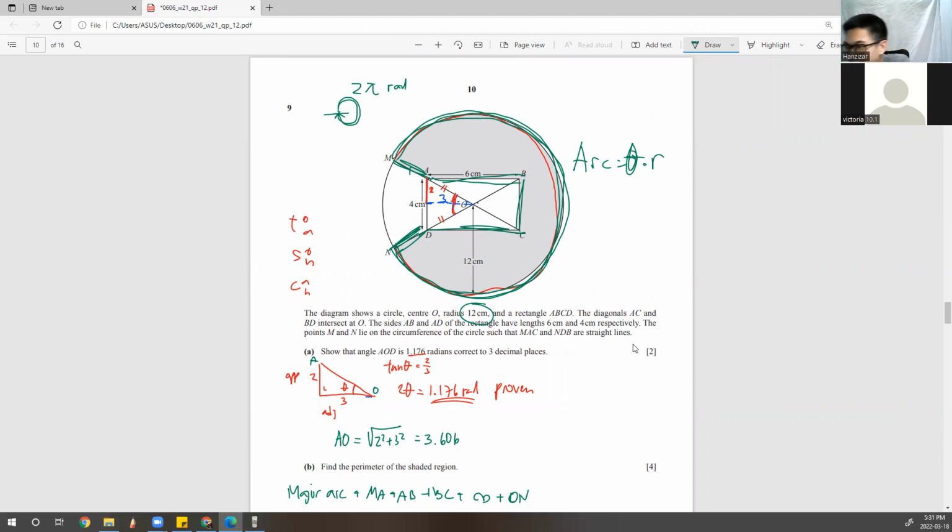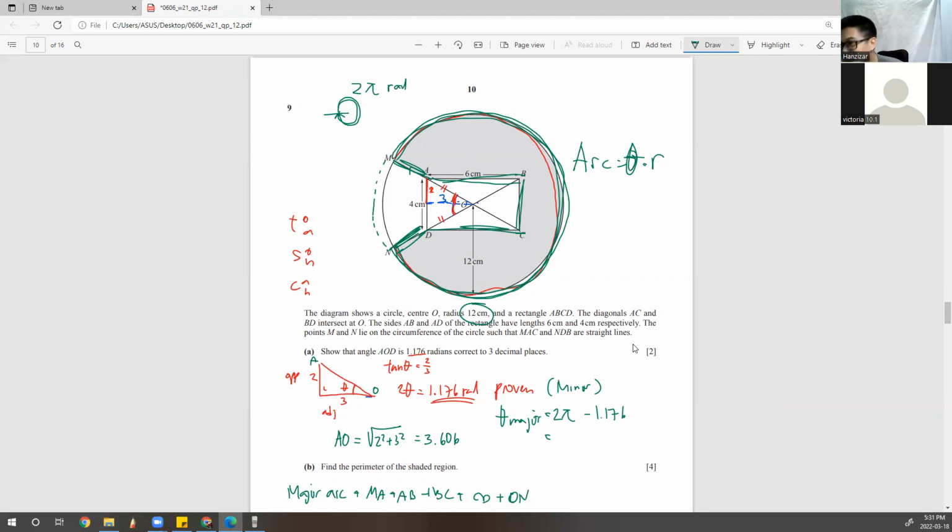Now we have 1.176 for the minor arc. So the angle of the major arc is 2 pi subtract 1.176 radian, since the minor arc is 1.176. It's already proven, I mean.